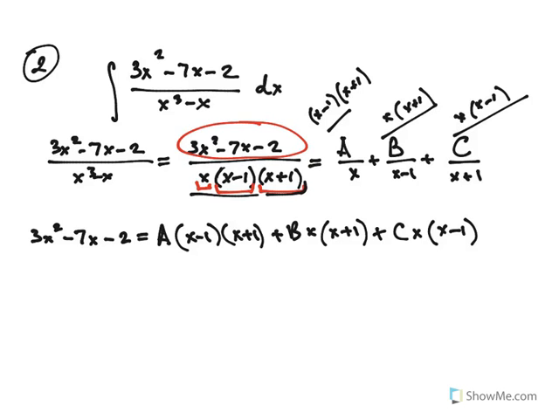Now, let x equals 0. You see we have 3 factors: 0, 1, and x equals negative 1. So now we're going to plug in. Let x equals 0, and then you just plug in 0 for x. You get 0 minus 1, so it's negative.